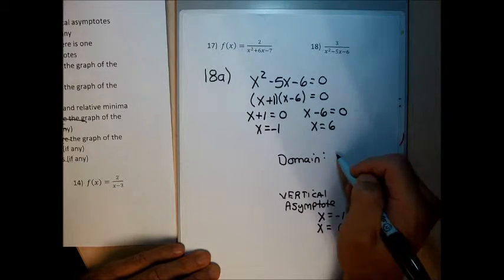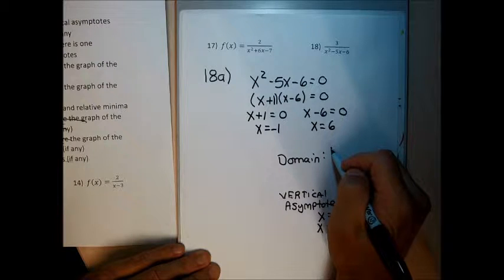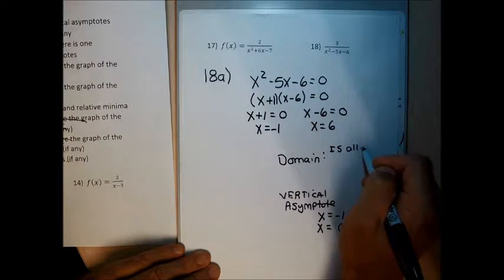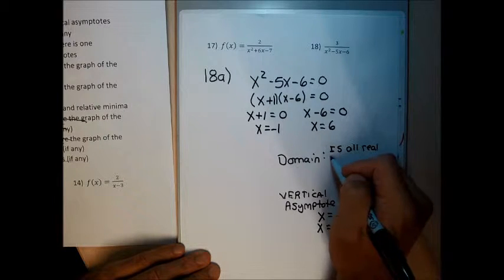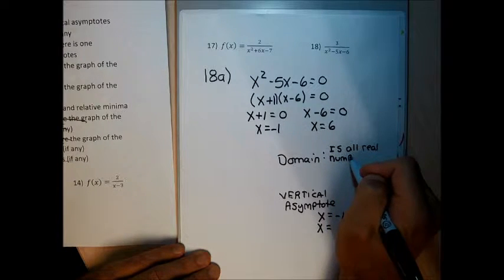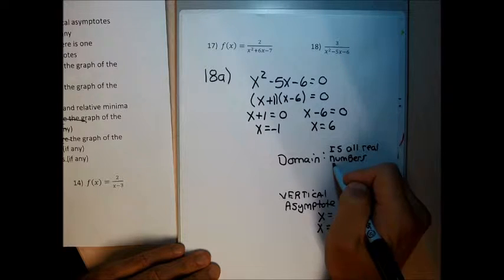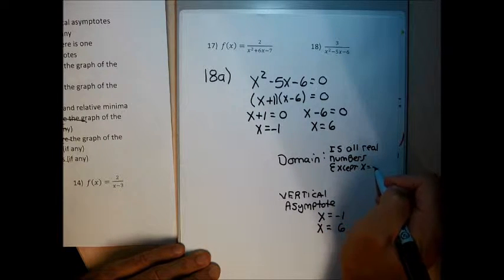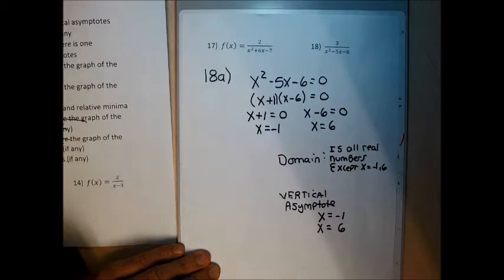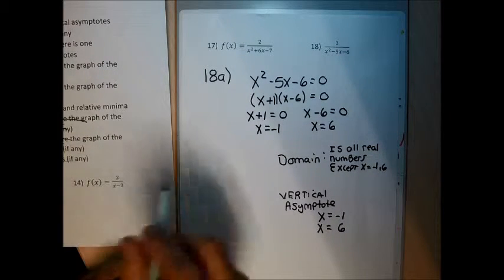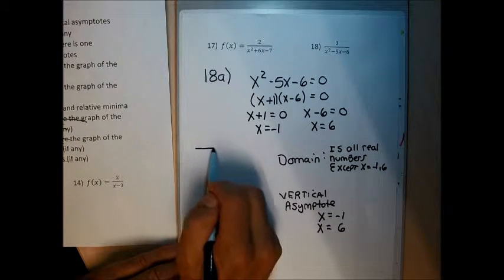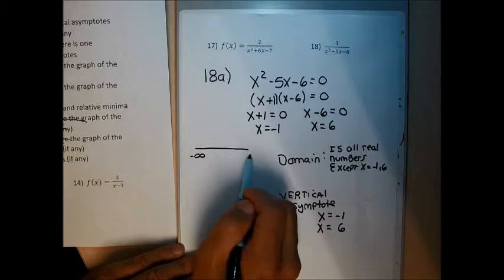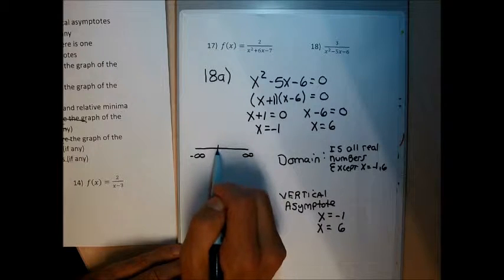And for the domain part of this, I might say the domain is all real numbers except, and in this case I'm excepting x equal to negative 1 and positive 6. If you love having the domain in interval notation, you just simply write negative and positive infinity on the edges of a number line.